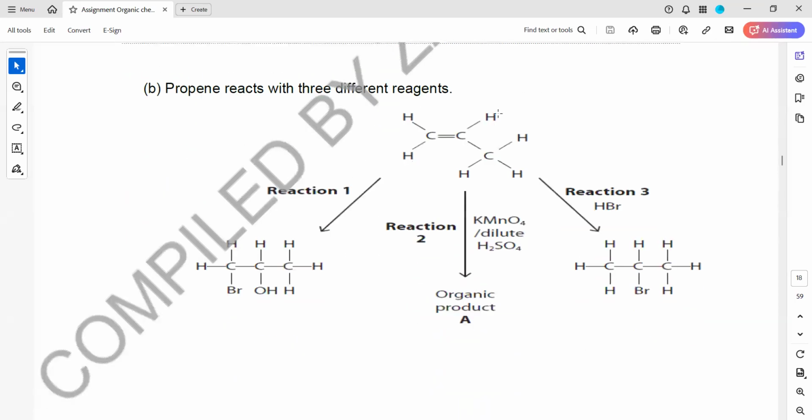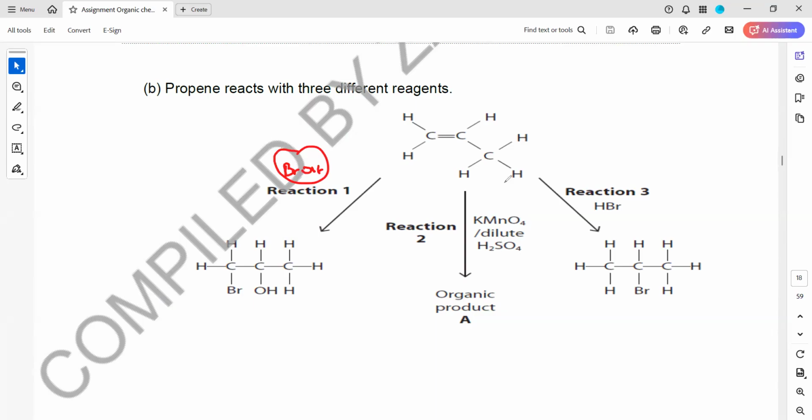Propene reacts with 3 different reagents. As you can see, reagent 1 is forming an alcohol. OH and Br are added. If OH and Br are added, this is actually bromine water. Aqueous bromine is added. It will add Br and OH.